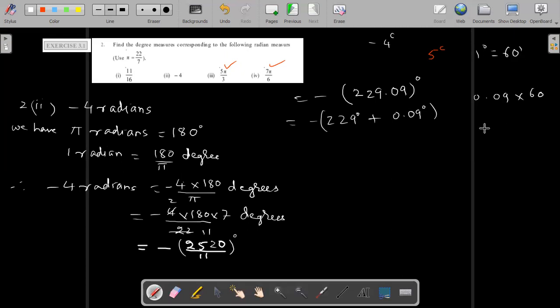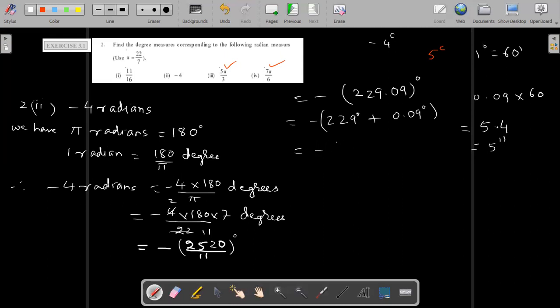So 0.09 multiplied with 60, 9 times 6 is 54, so 5.4. So 5 minutes, that means you got 5 minutes.